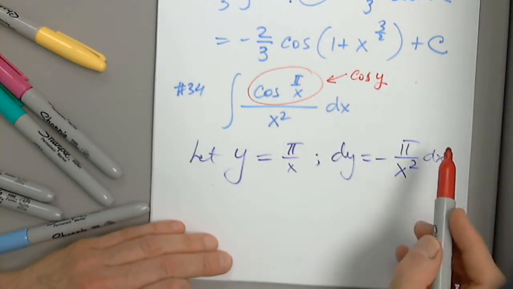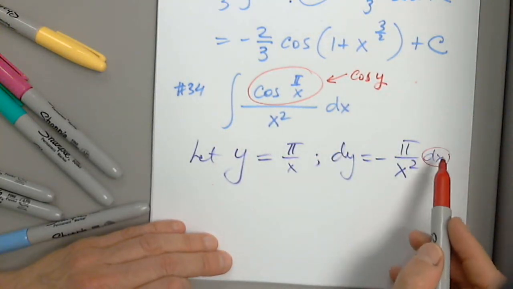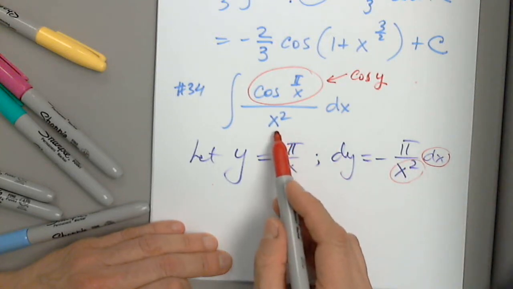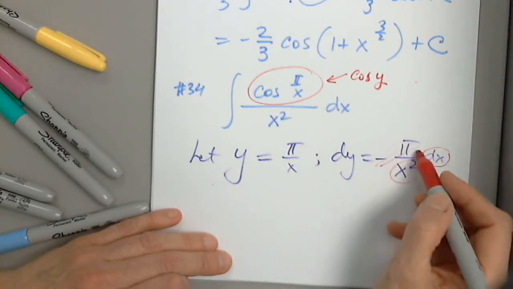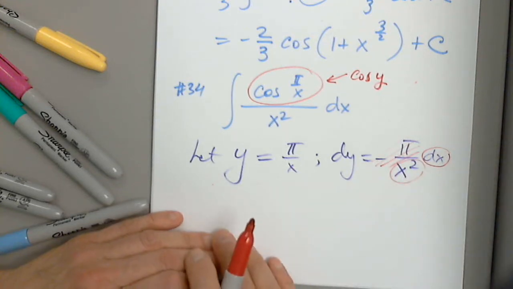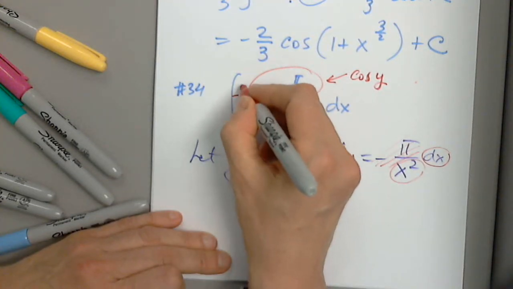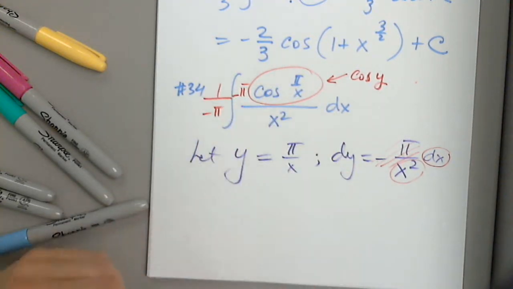Good. I have the x. I have the denominator of x squared, but I'm missing this piece, the negative pi. Negative pi, 1 over negative pi. I multiply the numerator by negative pi. I multiply the denominator by negative pi, which means nothing. I didn't do anything.